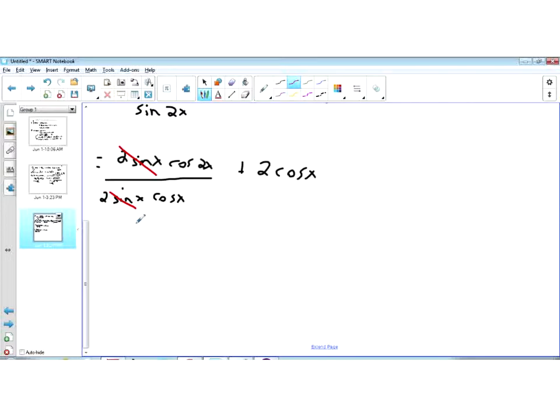All right, and I guess we could go ahead and recast cosine 2x. A good choice would be to replace cosine 2x with its expression in cosine x.